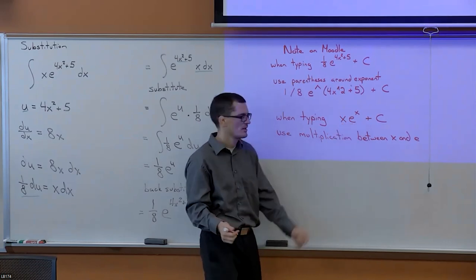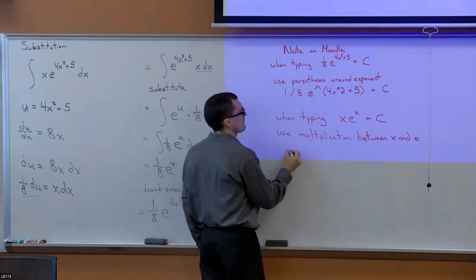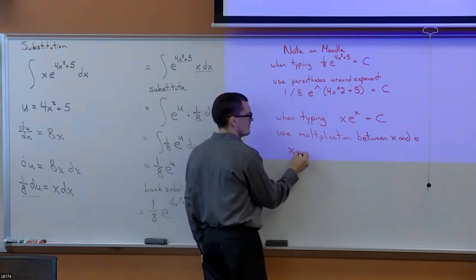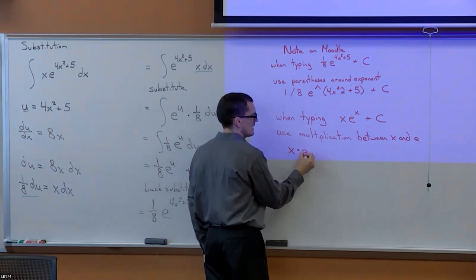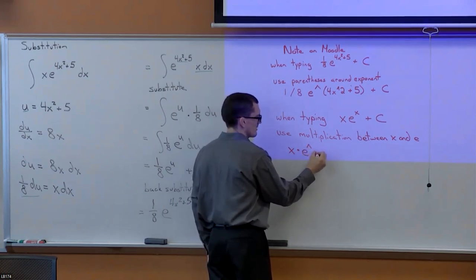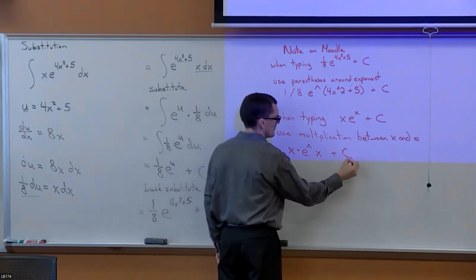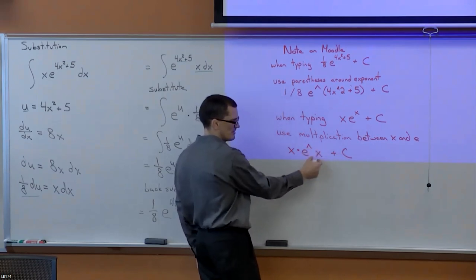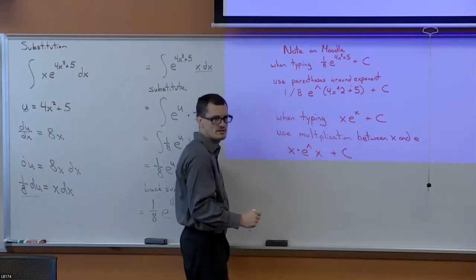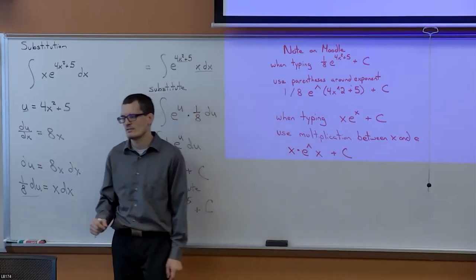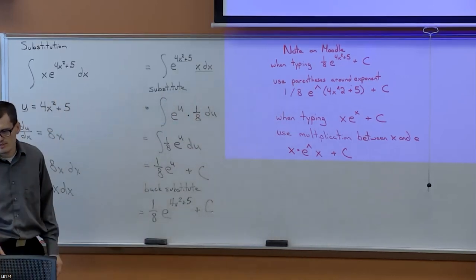That makes sense. So X times E to the X power, again plus C. I don't technically need parentheses around this if there's only one term in my exponent.